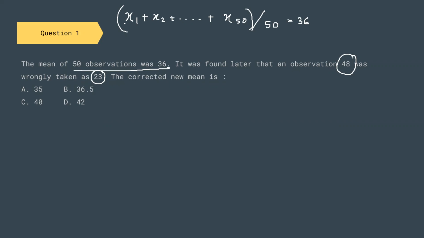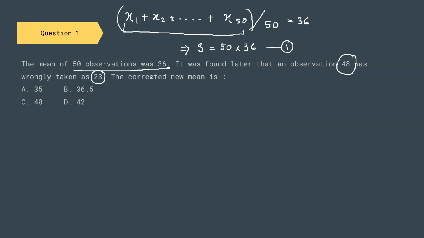So we can assume that from x1 to x50, the sum is S, and I can write it as equal to 50 into 36. It is just for the ease of representation. So S is equal to 50 into 36. Let us take it as equation number 1.